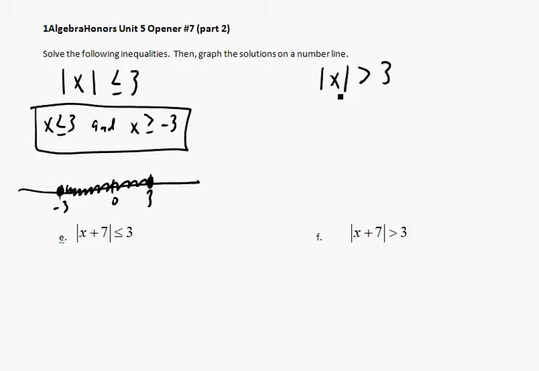Now, if the absolute value of x is greater than 3, that means we want the numbers that are a distance more than 3 from 0 on the number line, which would be the numbers to the right of 3 and to the left of -3.